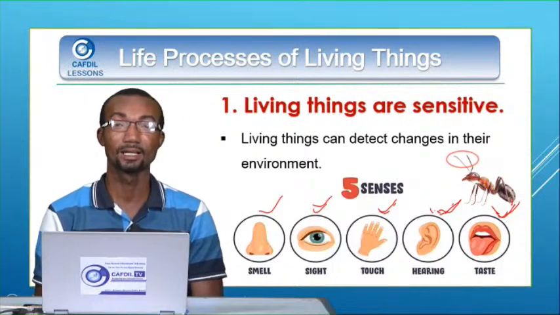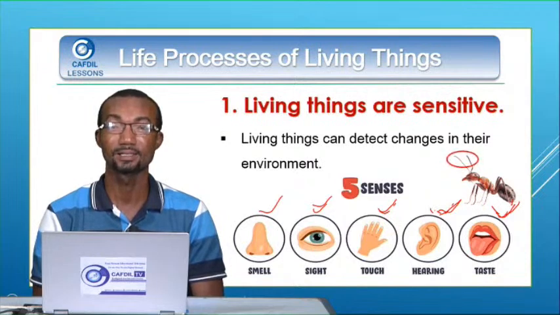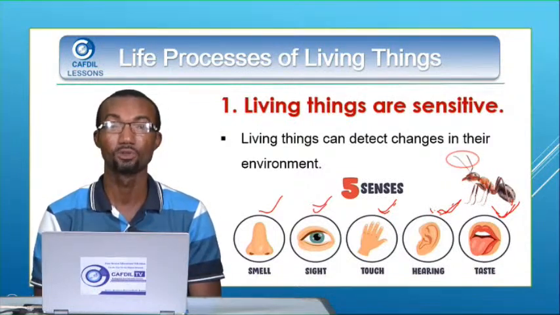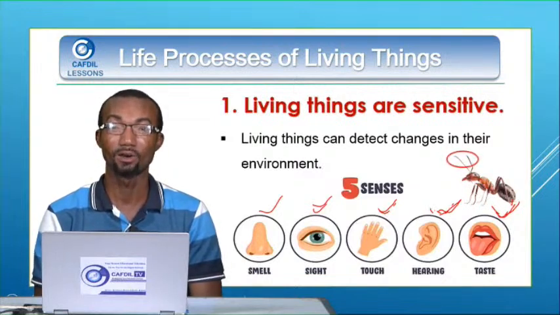This antenna is used by the ant as a sense organ to detect movement or help the ant to hear sounds in the environment. So living things are sensitive, and these are the organs or parts of the body that help us to detect any change in our environment.